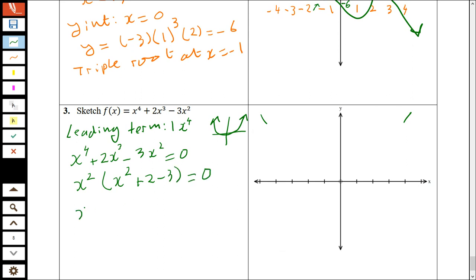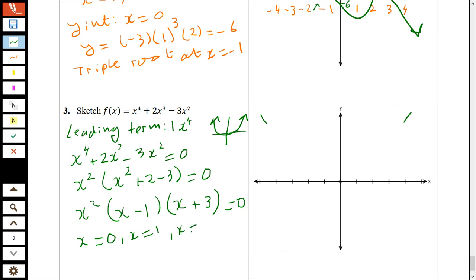Then I still have to factor it further, don't I? I can factor that, it's a quadratic. Now, x and x, 3 and 1. I need a negative 3, so I'm going to have a positive 3 and minus 1. So straight away from that equation, I can see x equals 0, x equals 1, x equals negative 3.